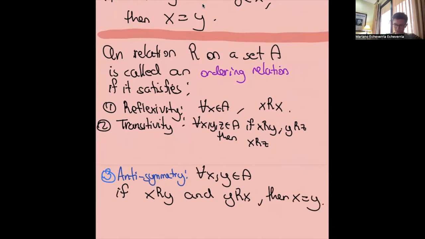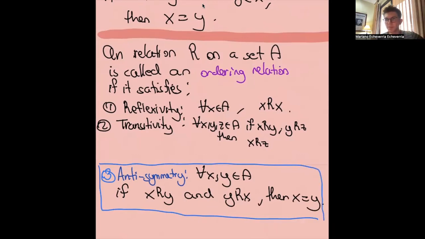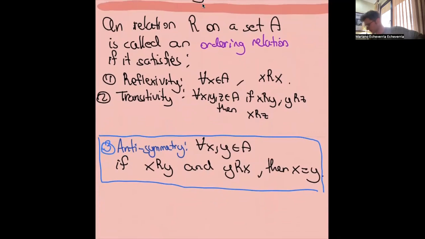Okay, so this is new. Basically, if you replace antisymmetry with symmetry, you get an equivalence relation. And if you use antisymmetry, you have this ordering relation. Is that making sense?